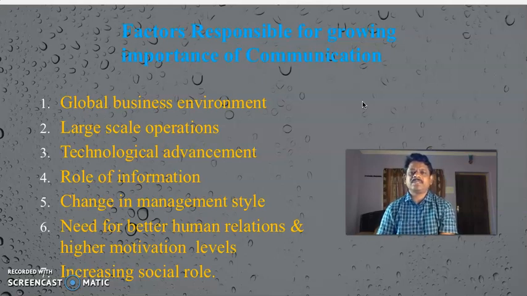At the same time, there is technological advancement, the role of information, the change in management roles, the need for better human relations and higher motivation levels, and increasing social roles. These are the major issues on which communication is becoming more and more relevant and important in the present context.